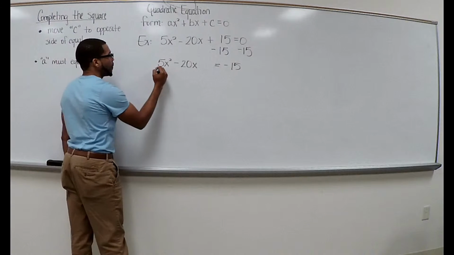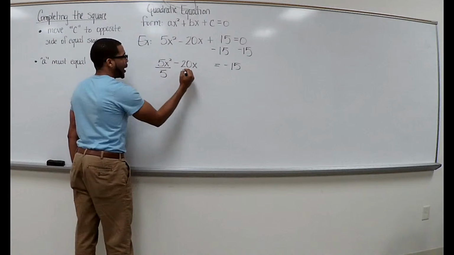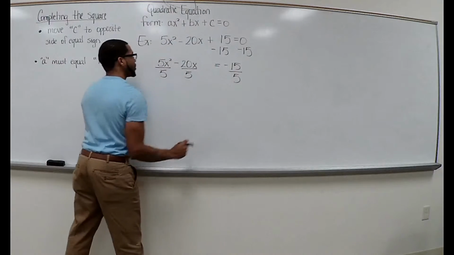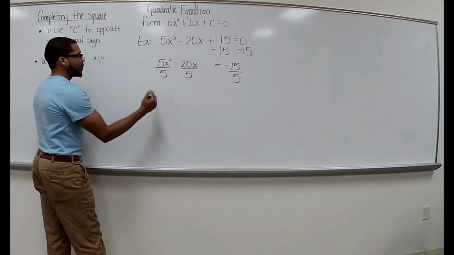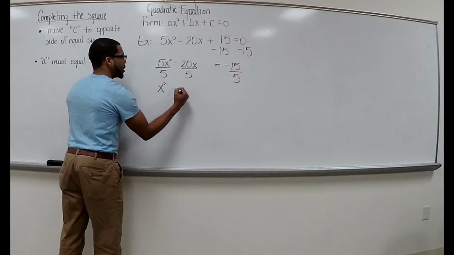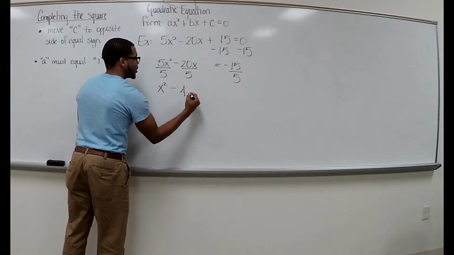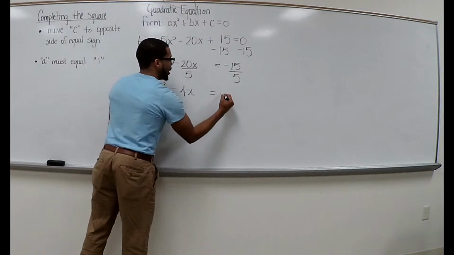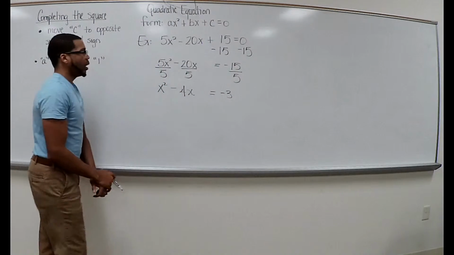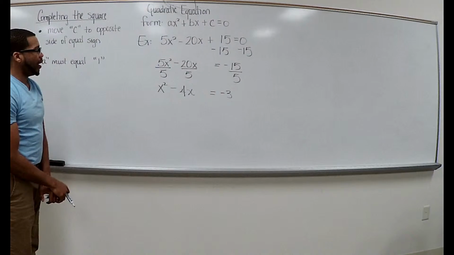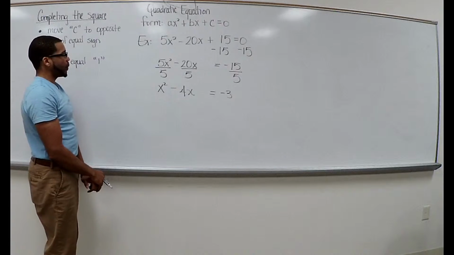So every term will get divided by the value of A. So now we have x squared minus 4x equals negative 3.